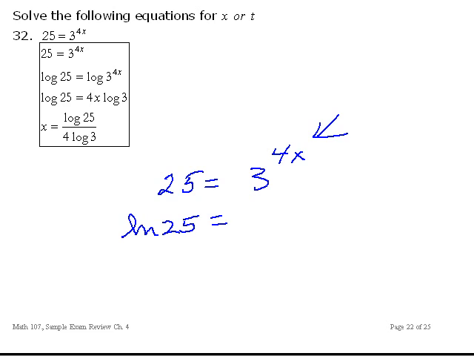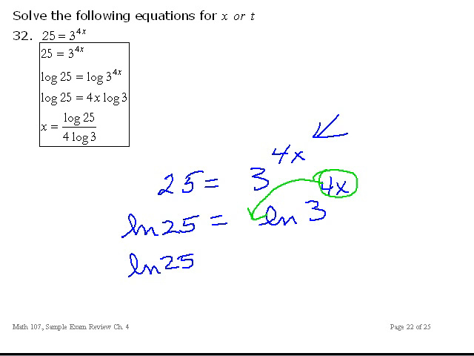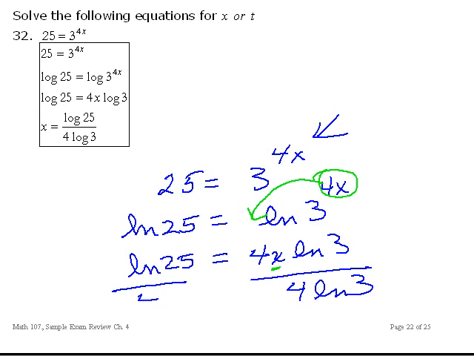Now what happens to that 4x? It all comes out as a multiplier. So the next line is natural log of 25 equals 4 times x times the natural log of 3. I want to solve for the x, right? So I just divide out the 4 natural log 3 over here, 4 natural log 3. You can work it out or not as you wish, but these all cancel.